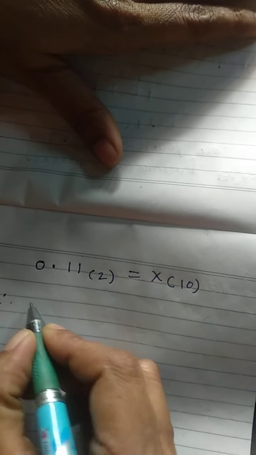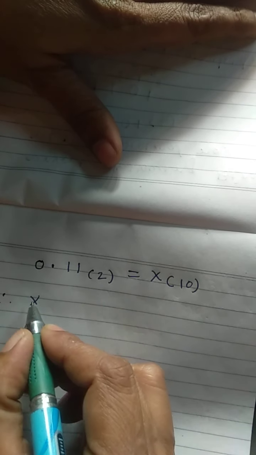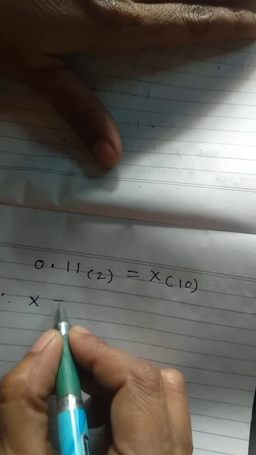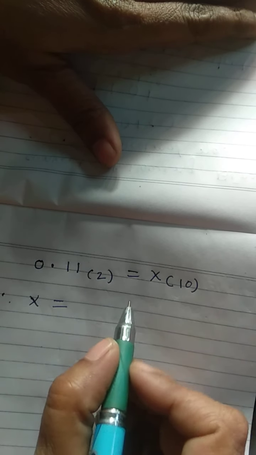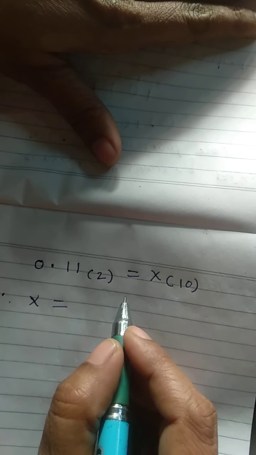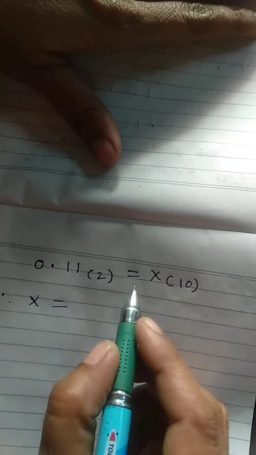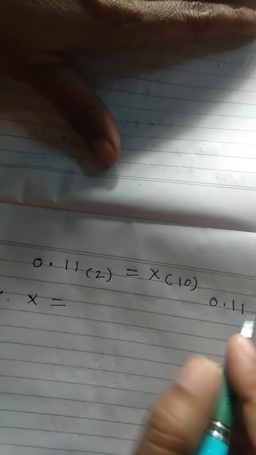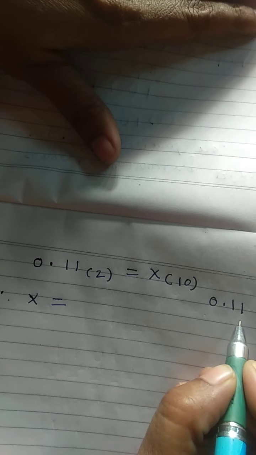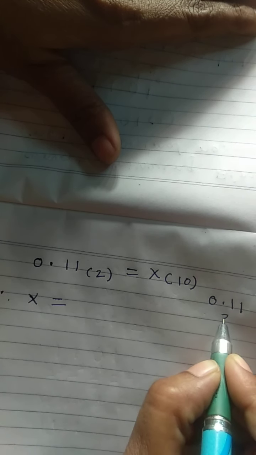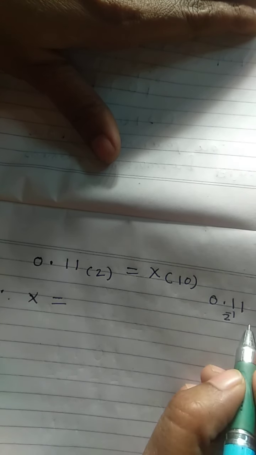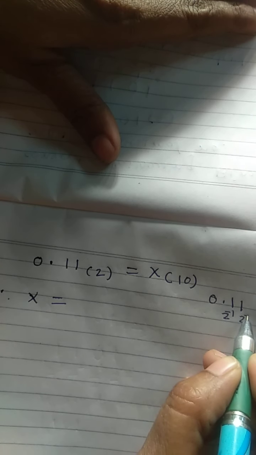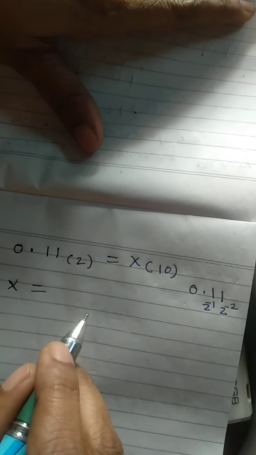Therefore, let us write x is equal to, what you have to do? For our convenience, I will write at the corner 0.11. Here I will write 2 raised to minus 1. Here I will write 2 raised to minus 2.